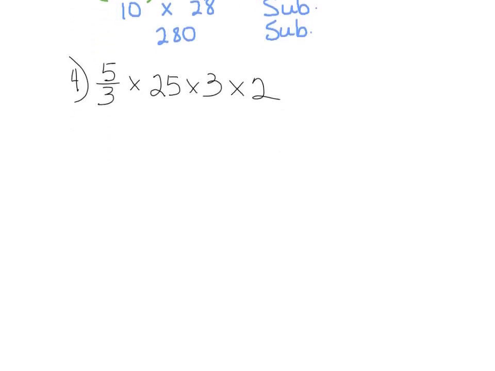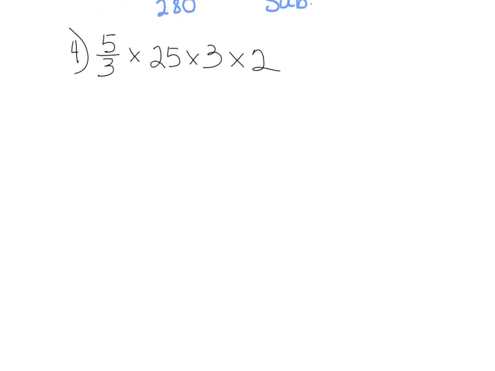Number 4, copy it down and I'll work it out with you. Number 4: 5 over 3 times 25 times 3 times 2. So when I look at 5 over 3, I would love to get rid of that fraction.